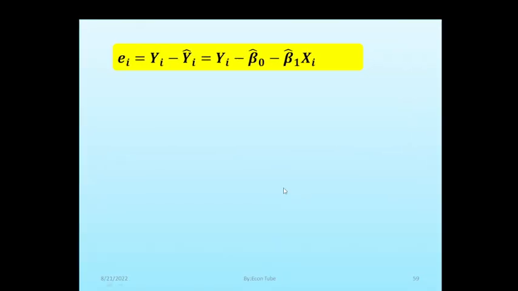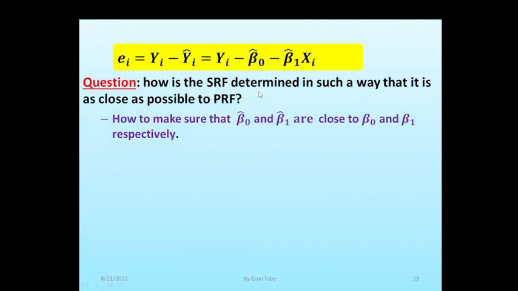Now, why do I have this formula? The question is, how is the sample regression function determined in such a way that it is as close as possible to the population regression function? How do we make sure beta naught hat and beta 1 hat are close to beta naught and beta 1, the true population parameters, respectively?